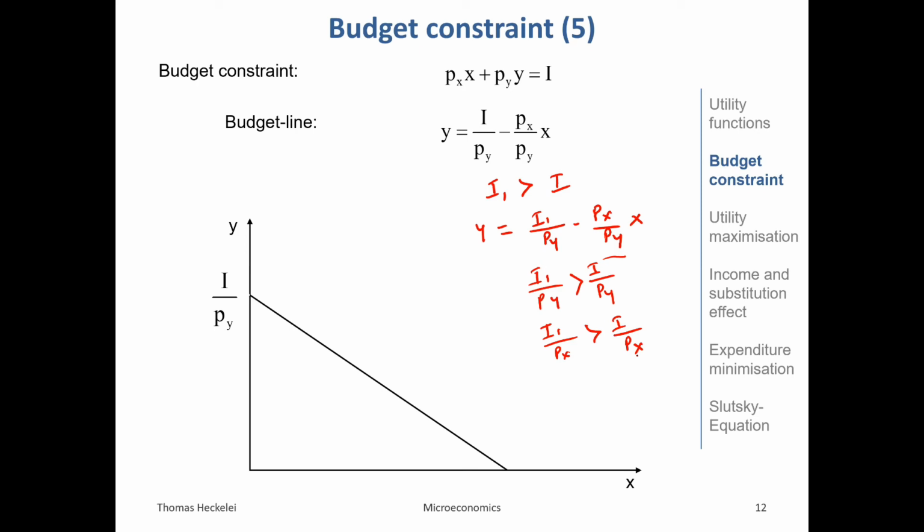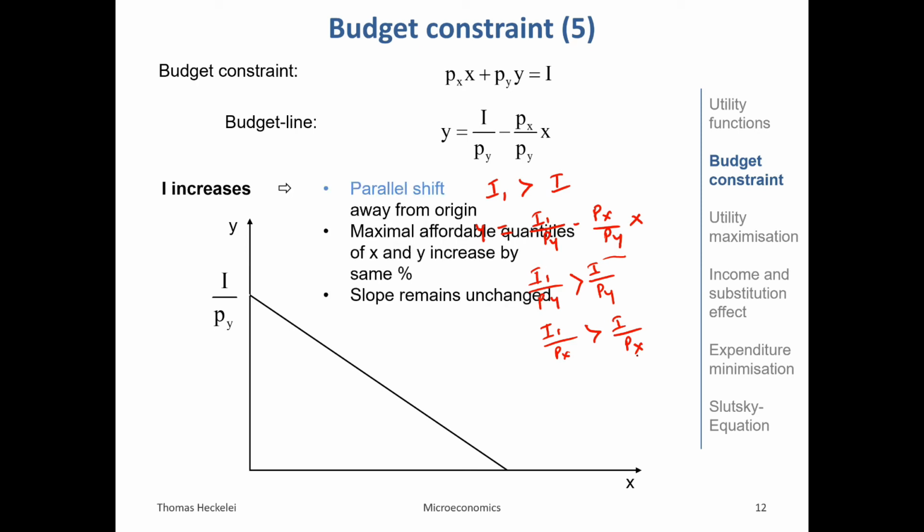So that would be a parallel shift away from the origin, or to the right-hand side. So the maximum affordable quantities of x and y also increase, as shown here, by the same percentage, proportionally, and the slope remains unchanged. See, that is the result, like we just said.